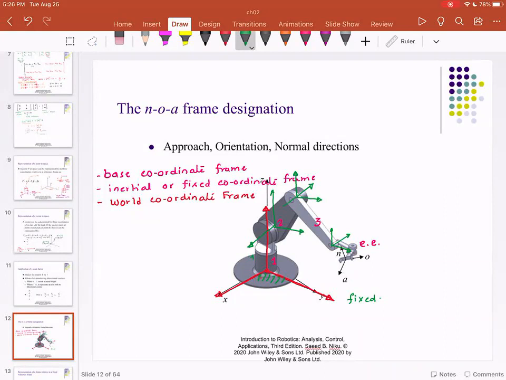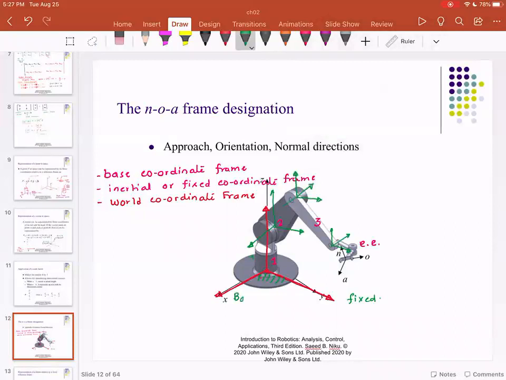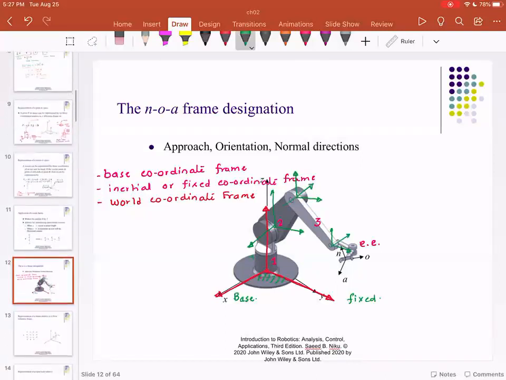But at the end of the day, what we want to do is represent all the positions and orientations with respect to the base coordinate frame. So this is the base frame. We want to find out the orientation and position with respect to the base coordinate frame. And how we do that is a matter of our representation.